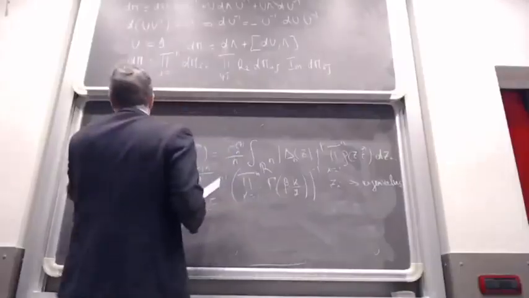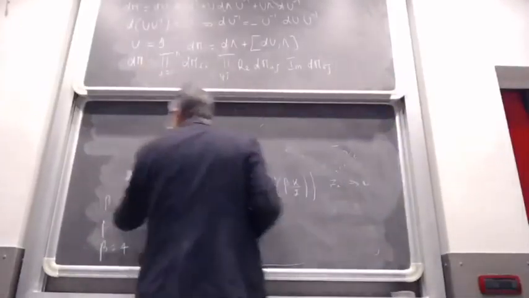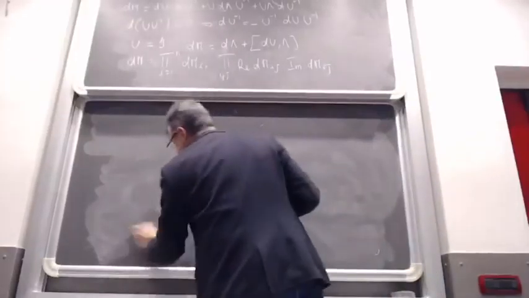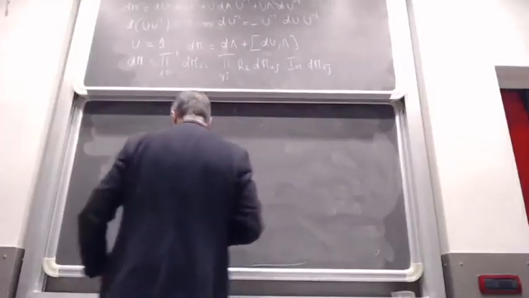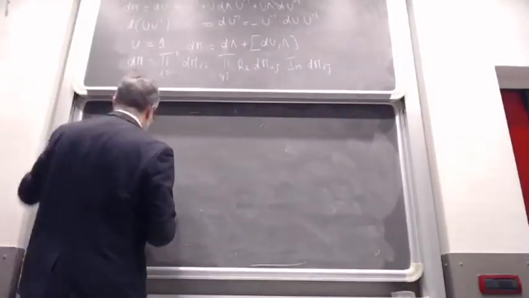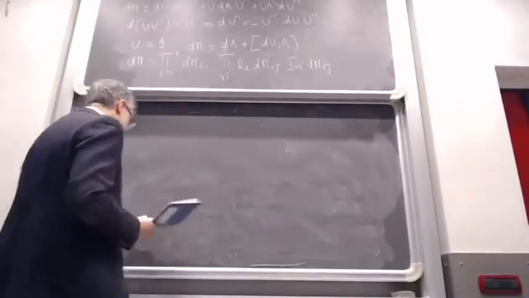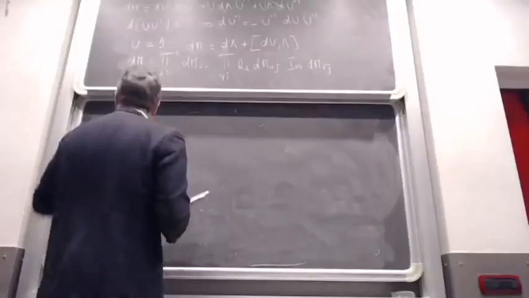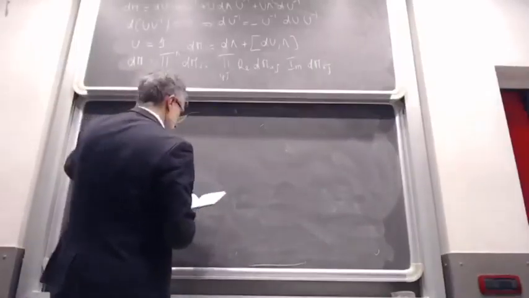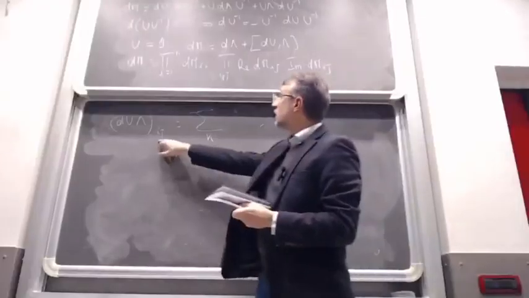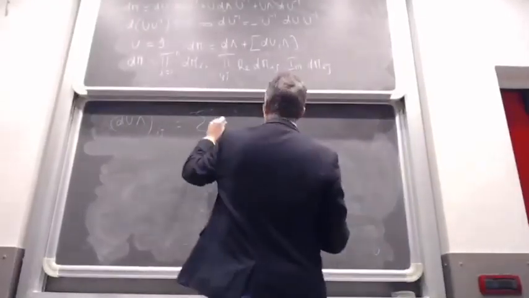So what do we get then? Perhaps I can calculate the component ij of dU lambda explicitly, by taking the product.